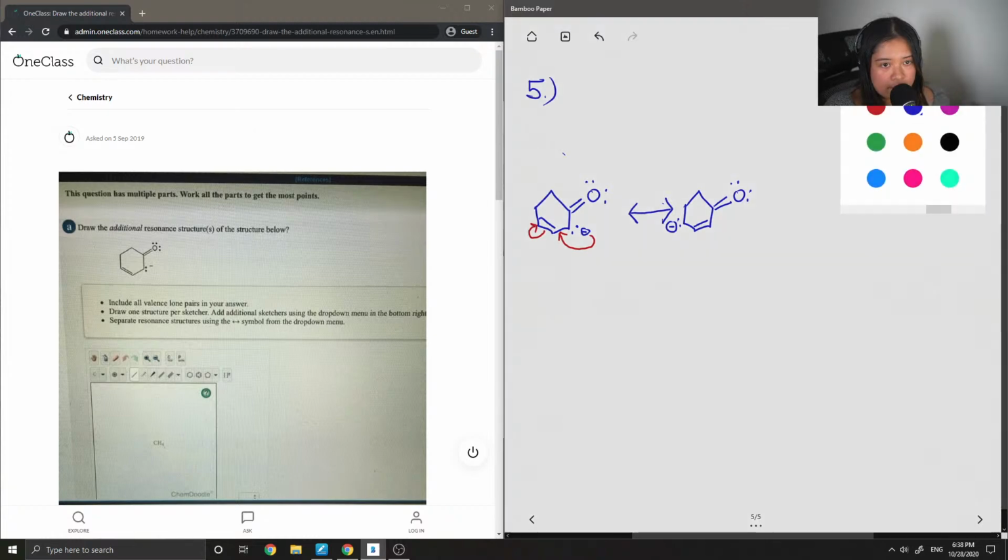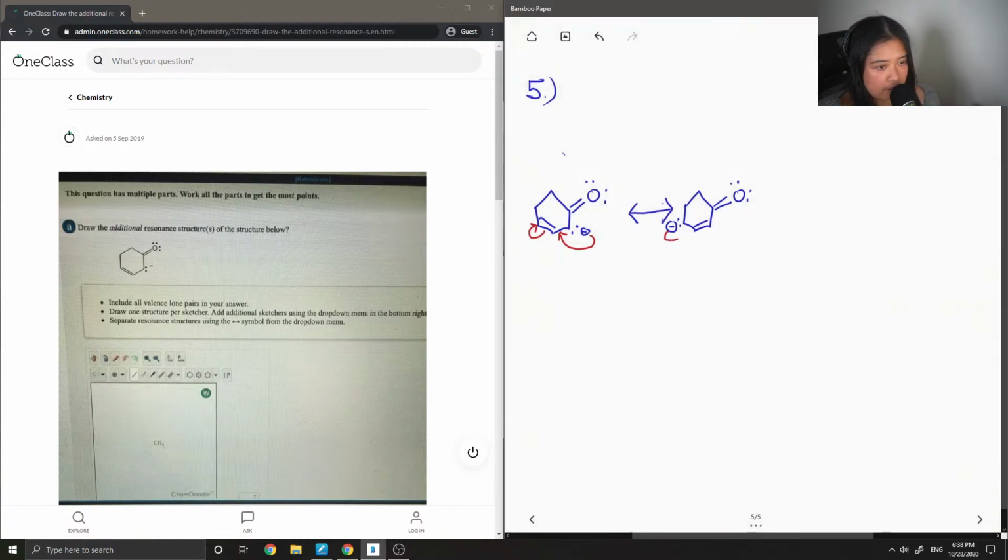So another thing that we could do is go in the opposite direction. So we can make a double bond back where it was before. But this time this double bond will move here.